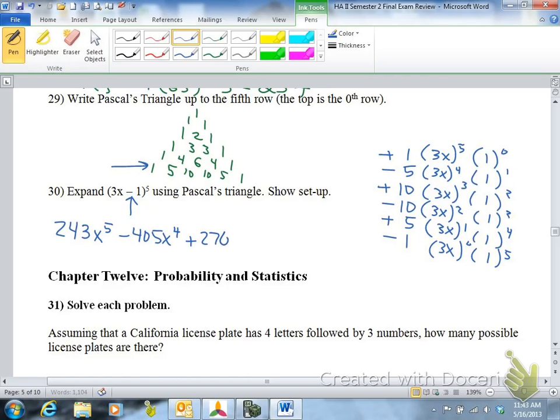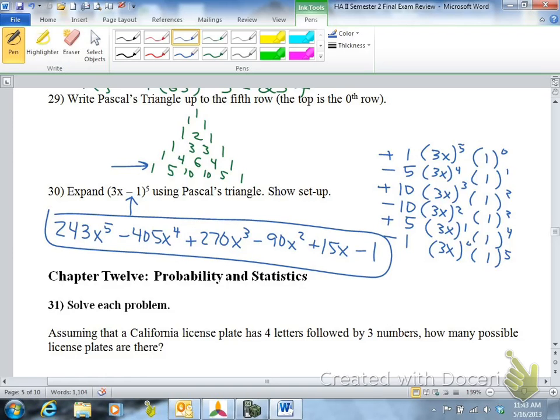Plus 270x cubed, that's 9 times 10. Minus 90x squared. Plus 15x, that's 3 times 5. Minus 1. So that's your expanded binomial.